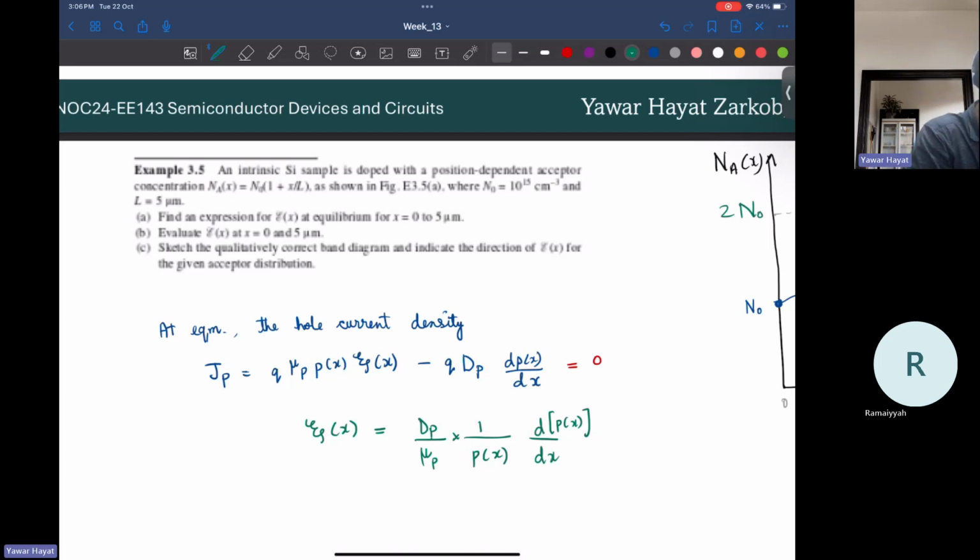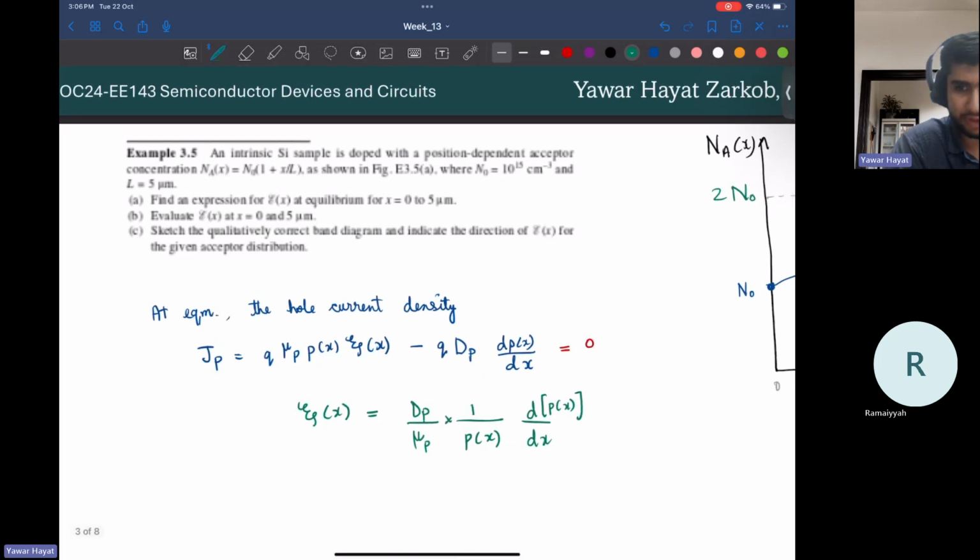Fine. So now for our p of x, we can assume that p of x is N_A of x, right? And if I say so, what am I assuming? Let me make the question clear again.